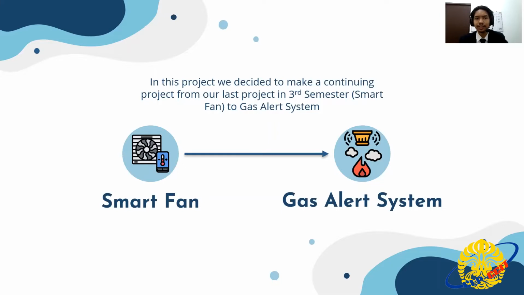The idea is from the Smart Fan, which triggers the DC fan based on temperature, to trigger the DC fan in the gas alert system. Which means that if there is any gas, the DC fan will turn on and the buzzer too.